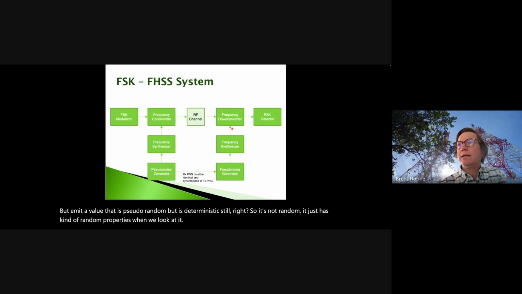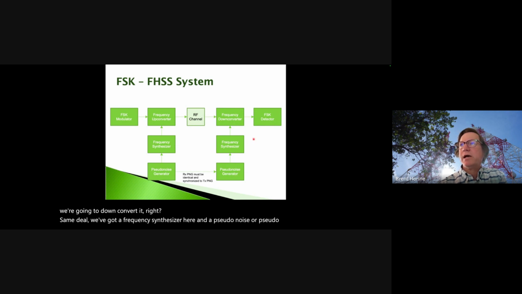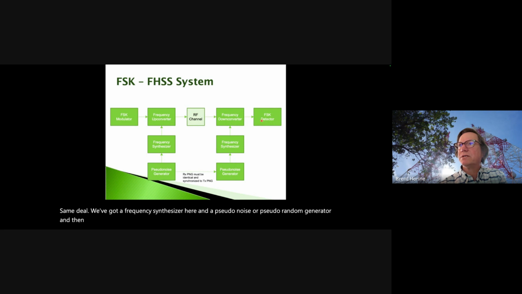And then we transmit it over the RF channel, so there's going to be some power amplifiers here and antennas and more antennas, receive antennas, and maybe some LNAs, and then we're going to down convert it, right? Same deal. We've got a frequency synthesizer here and a pseudo noise or pseudo random generator. And then ultimately, once it's down converted, we can run through our demodulator or detector, and then the whole rest of the receiver all to the right of this.